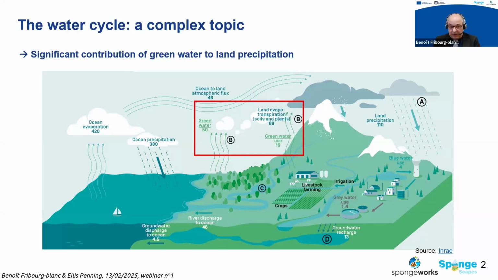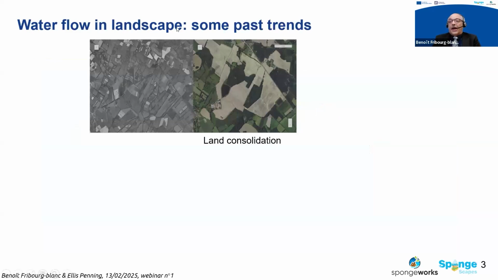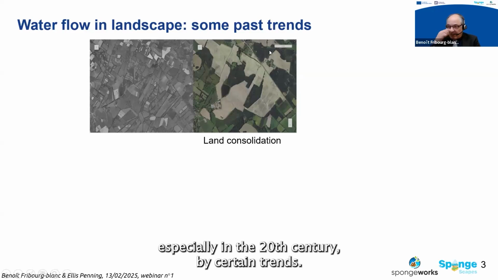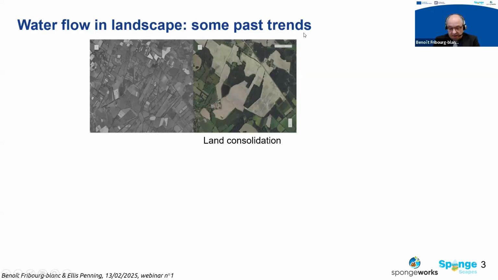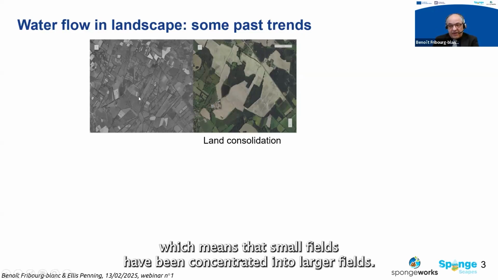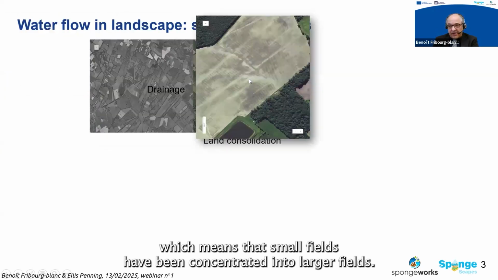Let me jump to my next slide. Okay. The water flow in landscapes has been influenced, especially in the 20th century, by some past trends. We have had land consolidation, so the small fields have been concentrated into bigger fields.